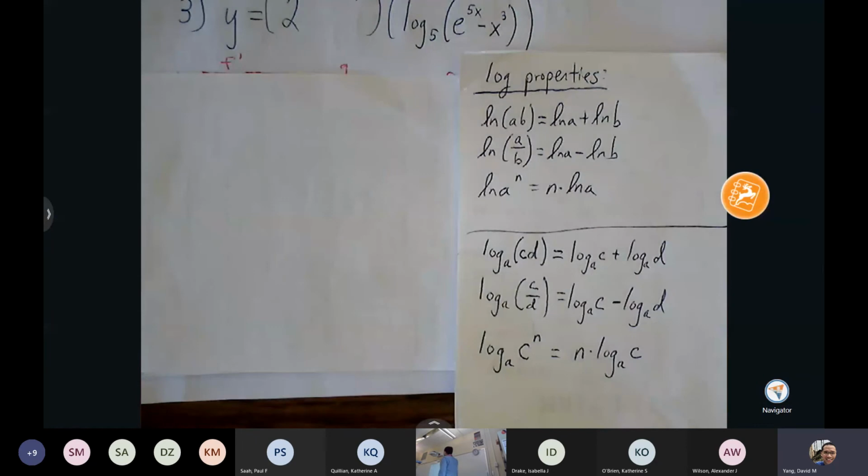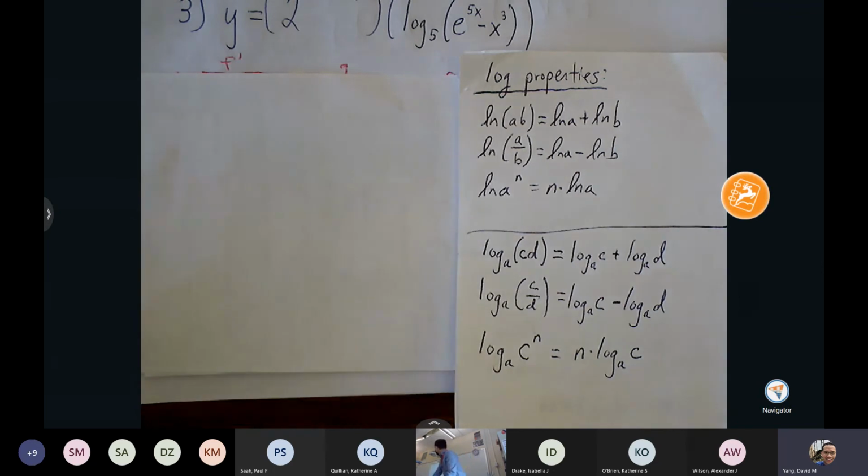Now, if e to the 5x and x cubed were being multiplied or divided, then I can expand them out into log of the two terms added or subtracted. But I want to point that out because the tendency is we may look at that and think that it's expandable. But it's not. It's a very subtle difference, but we can't expand that.